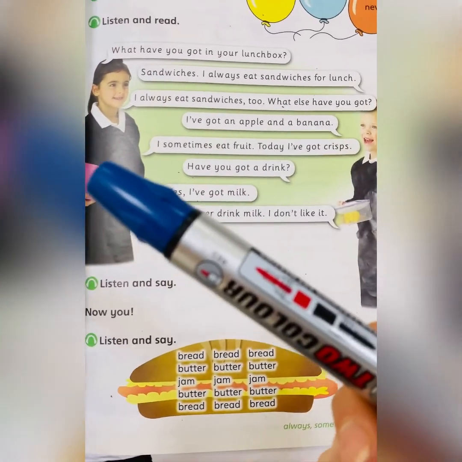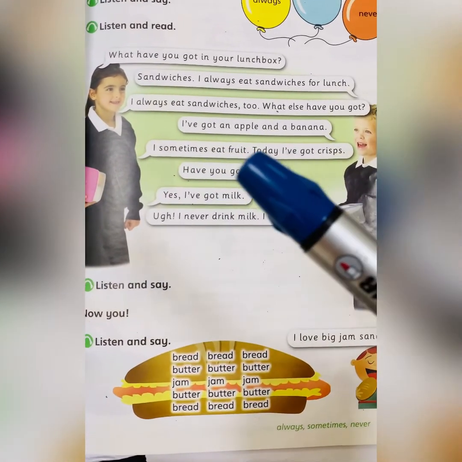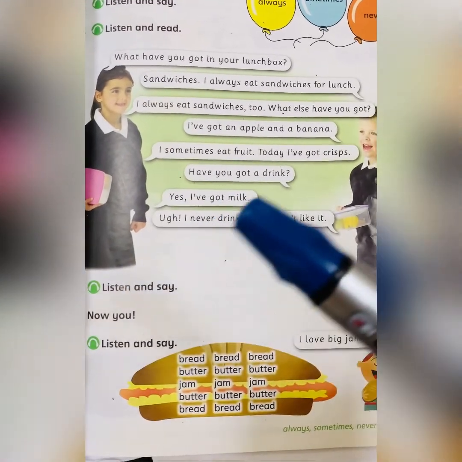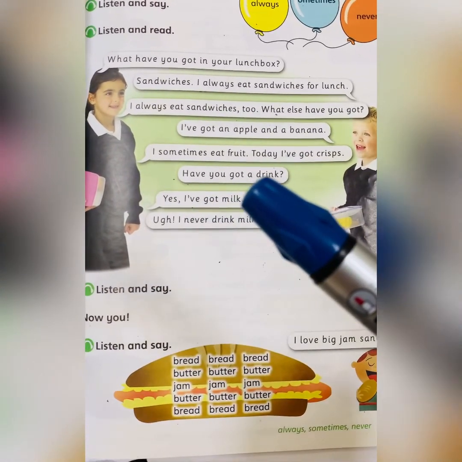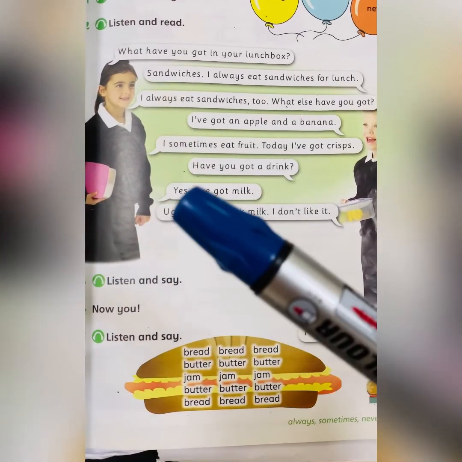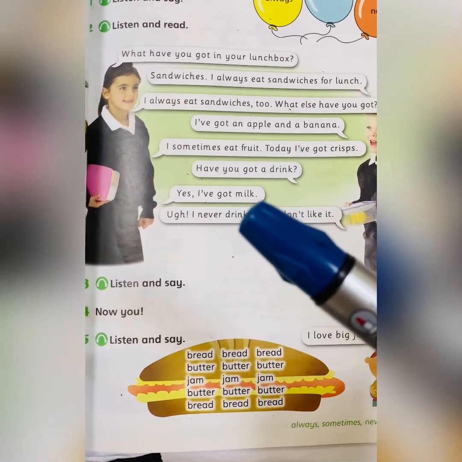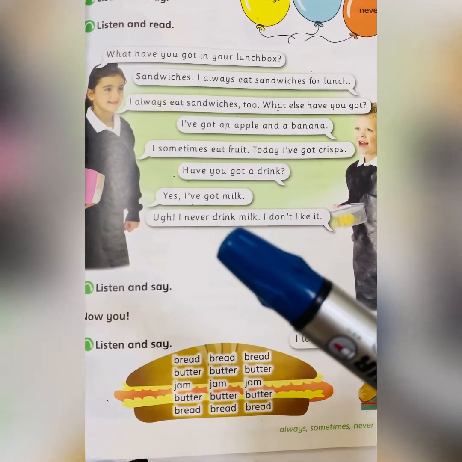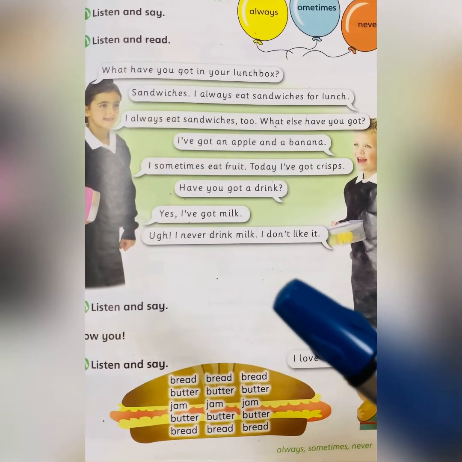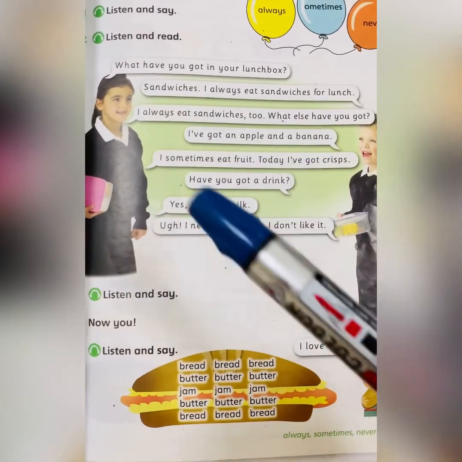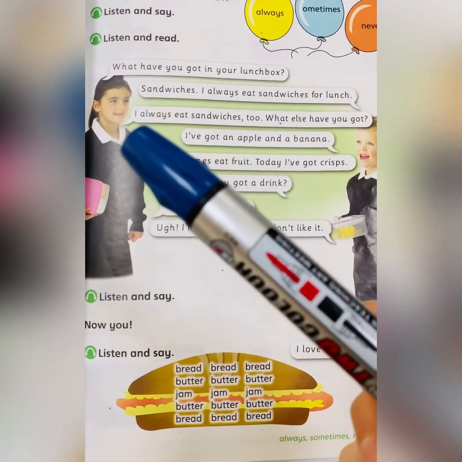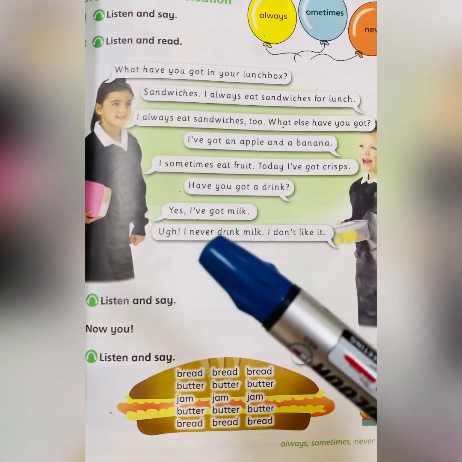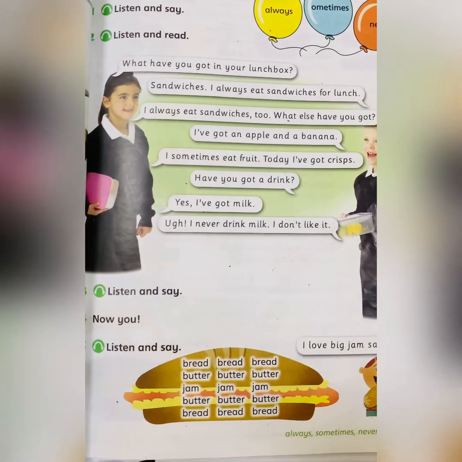Okay, so she says I sometimes eat fruit, so she used sometimes. And the boy says have you got a drink? The girl says yes, I've got milk. And the boy says oh, I never drink milk. I don't like it. So inside this conversation, they used always, sometimes, and never by talking about themselves.